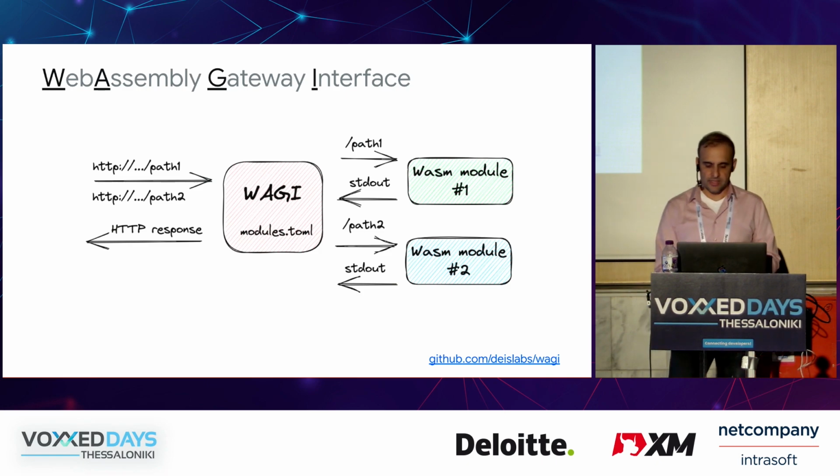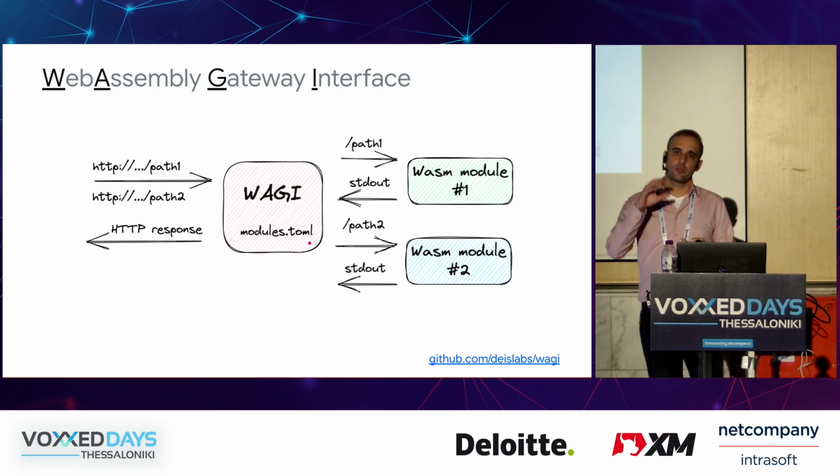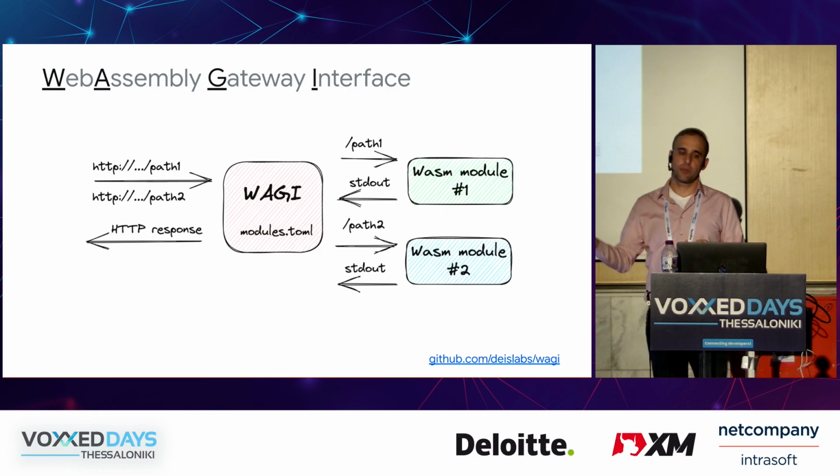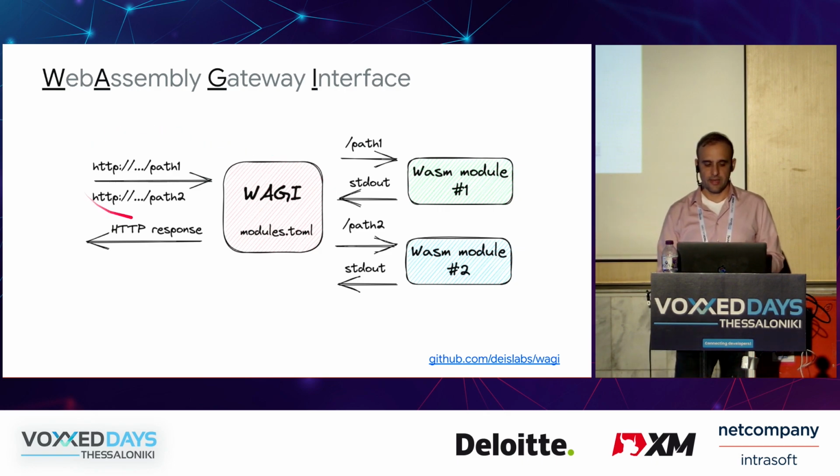The way this works is that in WAGI, you create a modules.toml file. In this file, you map an HTTP path to a WebAssembly module. So here we will say path 1 goes to this module, path 2 goes to that module.